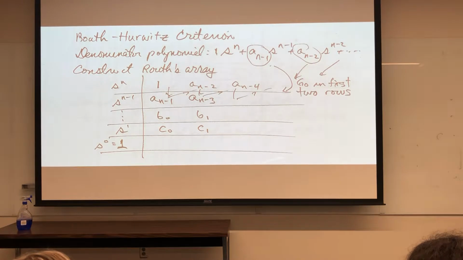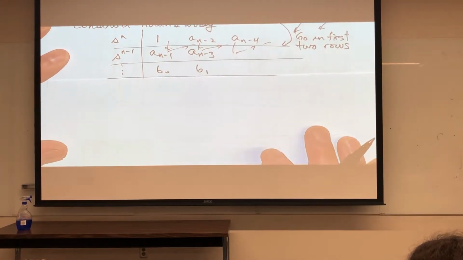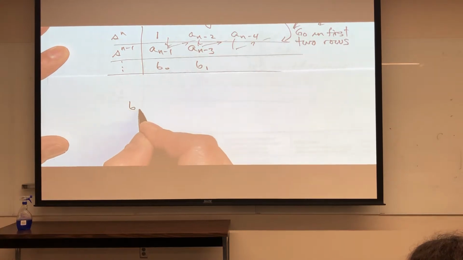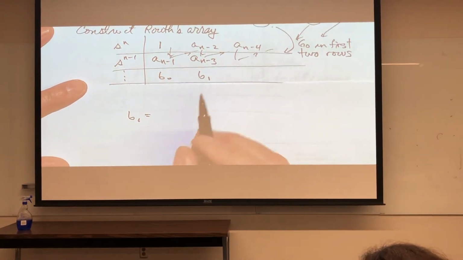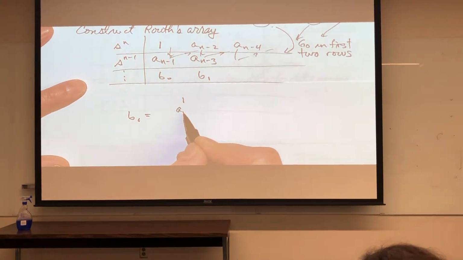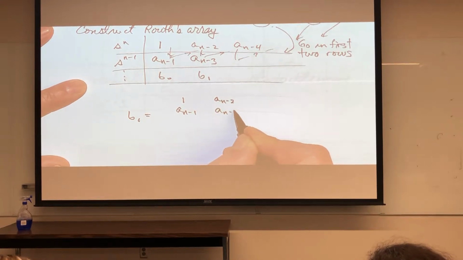Okay, let's take a look at b0. The way we construct b0 is 1, an minus 1, an minus 2, an minus 3.